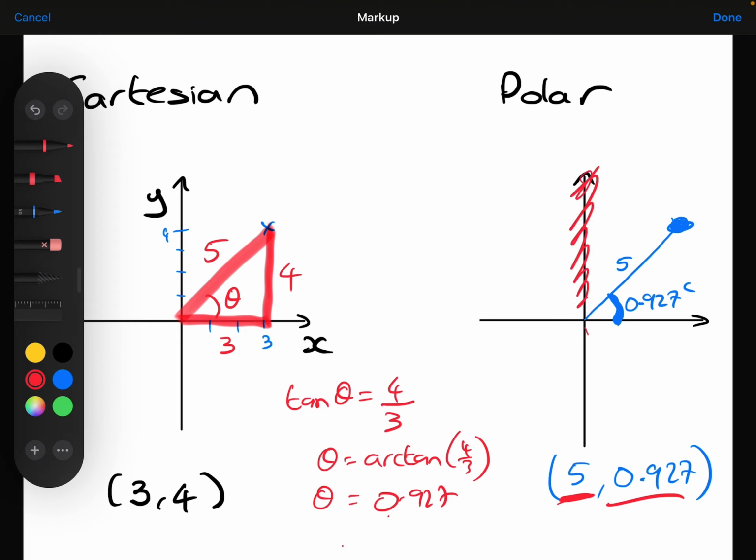I'm not going to include this line at all, and similarly I don't include the negative part of the x-axis either. In fact, I don't even call it the x-axis anymore, because in polar coordinates we don't have an x-axis. We have a distance away from the origin, which we call r, and the angle that's being made, and the line that the angle is made with we call the initial line.